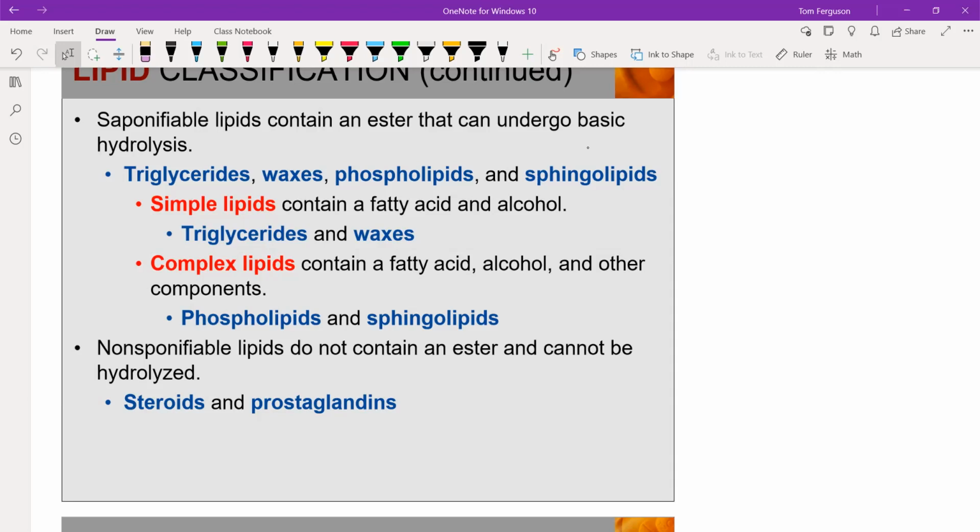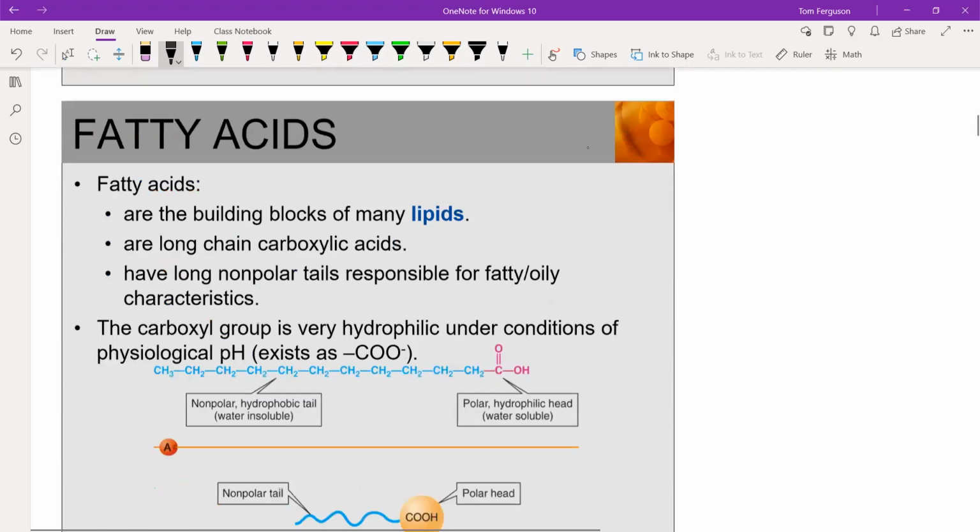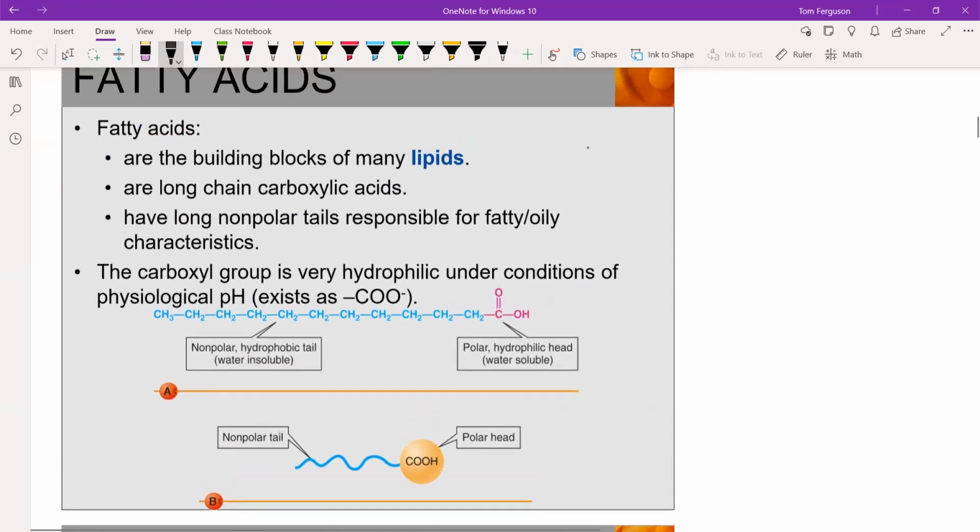Okay, I'm going to show you the difference between a triglyceride and a wax in a little while. Fatty acids, like the ones I want you to know, are the building blocks in lipids, except for the non-saponifiable ones, the steroids and the prostaglandins.